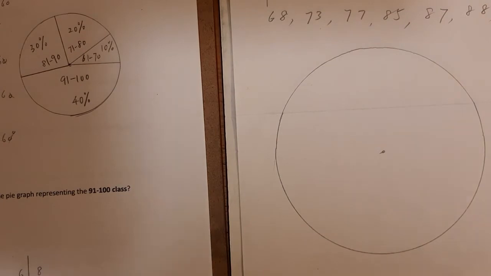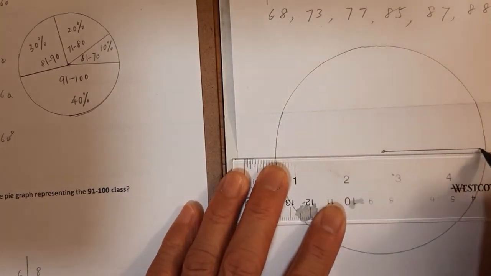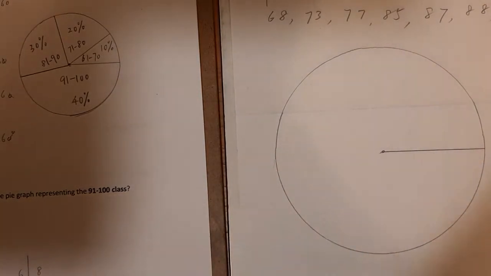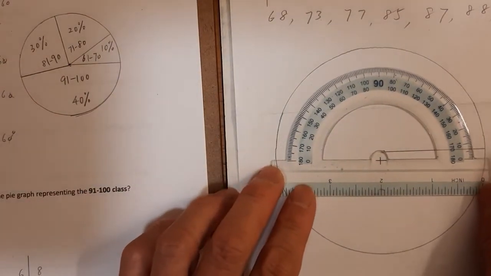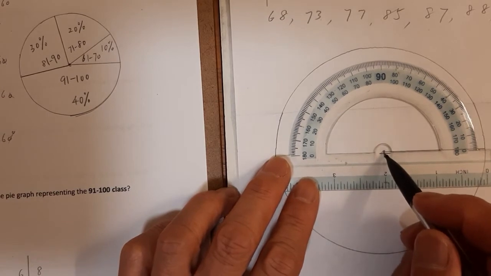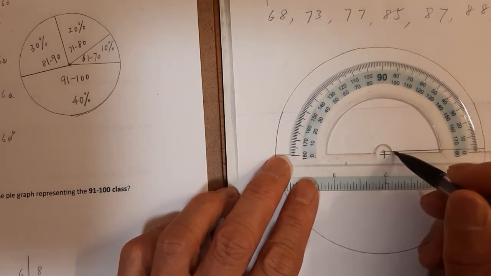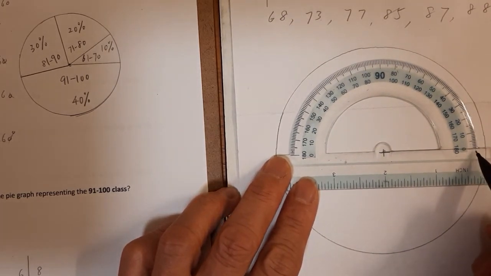On the center of the circle, you draw a line using the ruler, and use a protractor. Put the protractor on the center of the circle, and this line starts at 0 degrees.